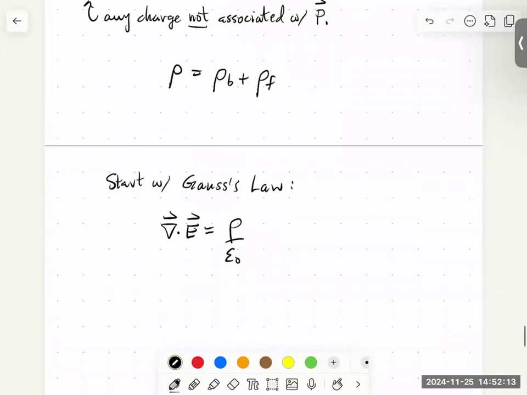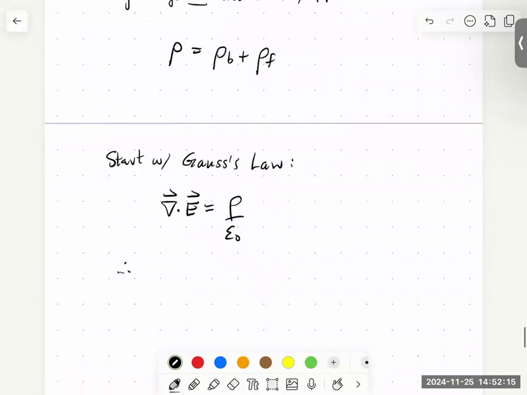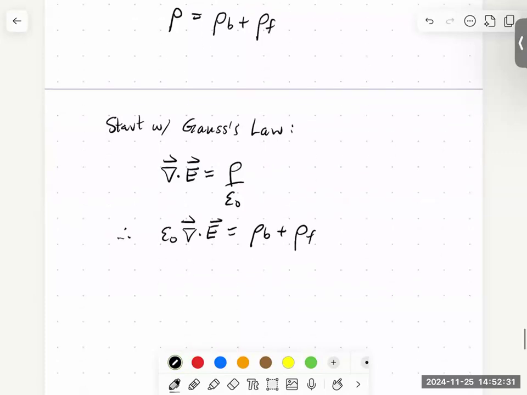And so all we're going to do is say, therefore, epsilon naught times the divergence of E is the total charge density, which is the bound charge density plus the free charge density. But the bound charge density, we've already said, is minus the divergence of the polarization.